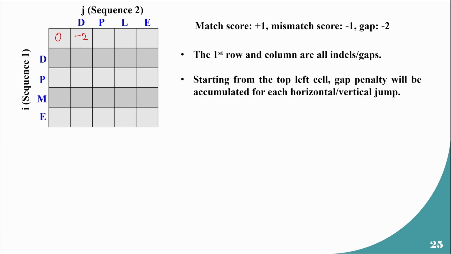So again, for the right-hand side, we'll add another gap score and give it -4. So again, we'll give it -6, -8, and so on. For the column, after starting from 0 again, we will get -2 first, and then -4, and then -6, and then -8. So that is how the calculations are initialized.